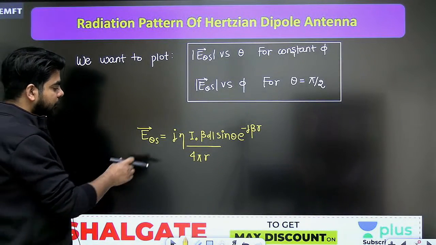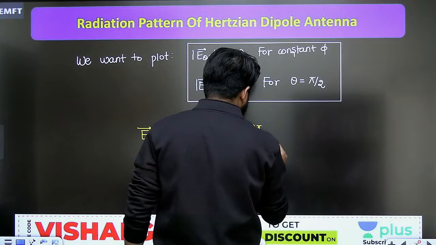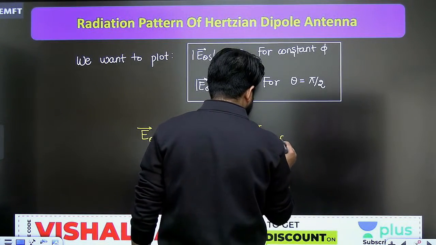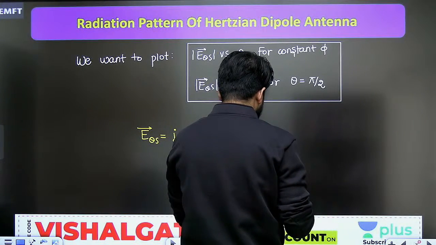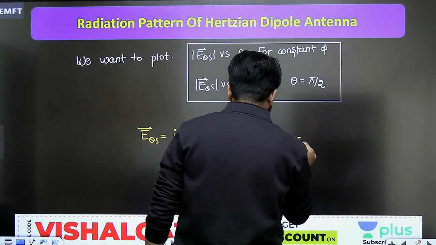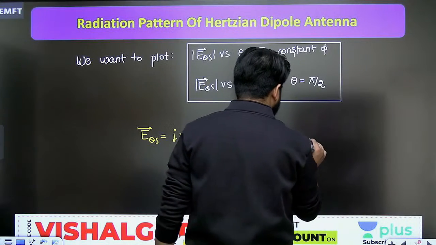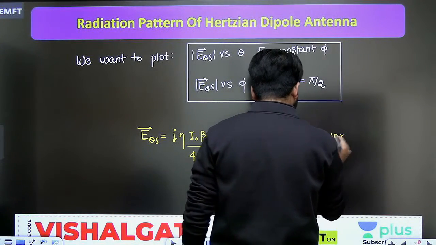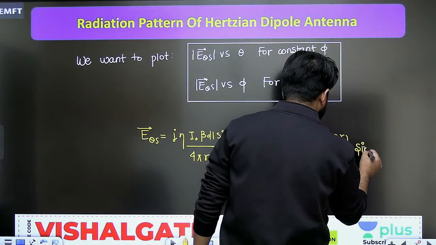Now I wanted to have this E theta s, maybe all the other parameters if I take under consideration, then I can say that this E theta s will be having some function j eta I naught upon 4 pi r beta dl e to the power minus j beta r sin theta.